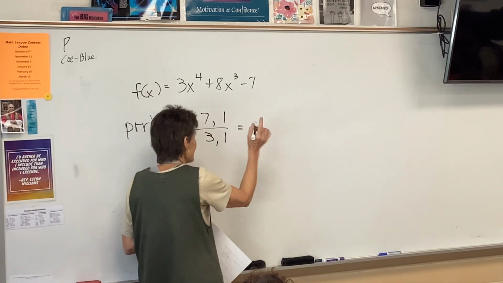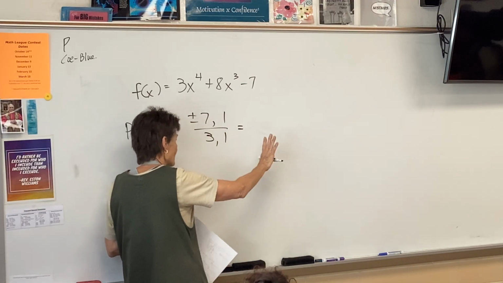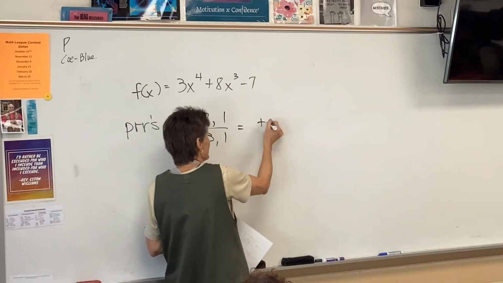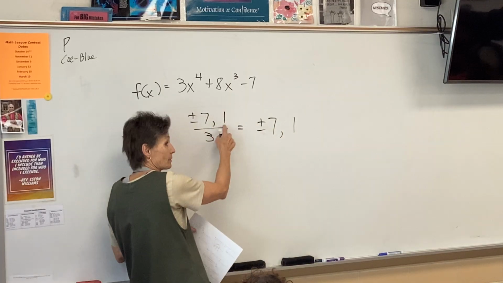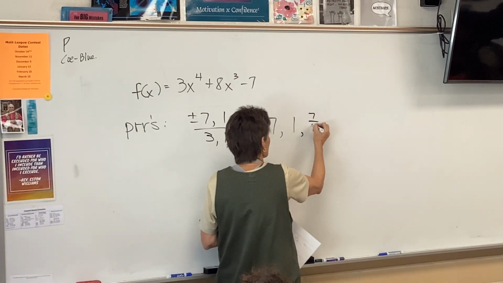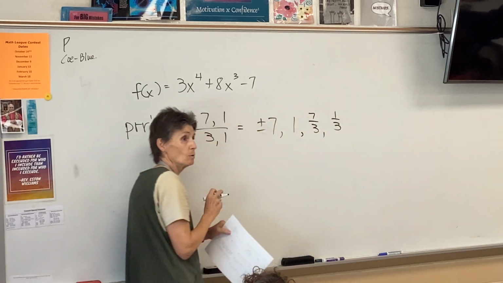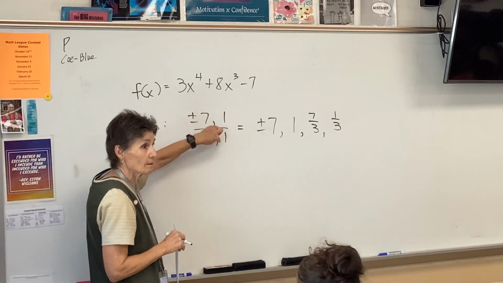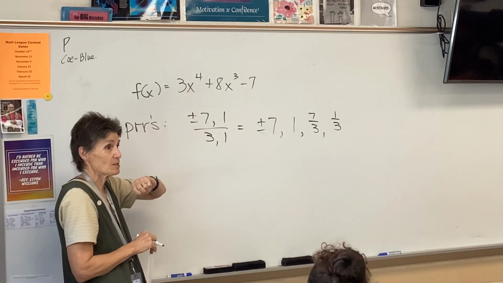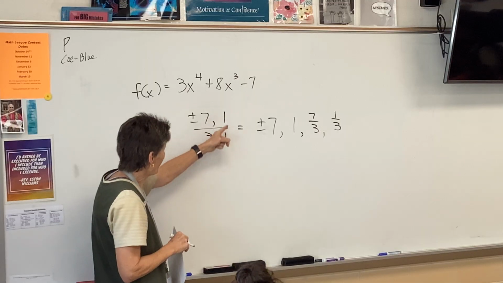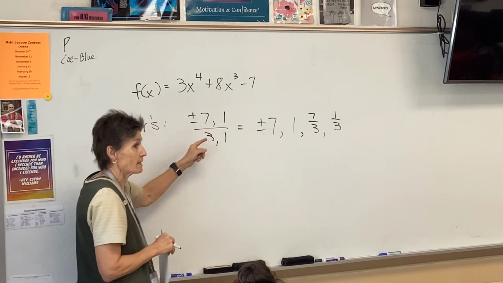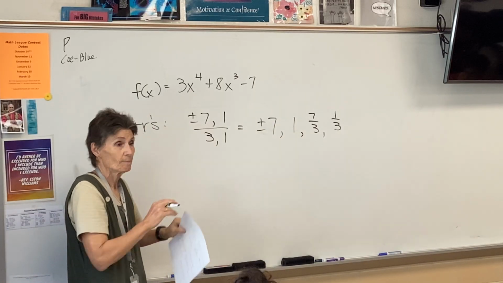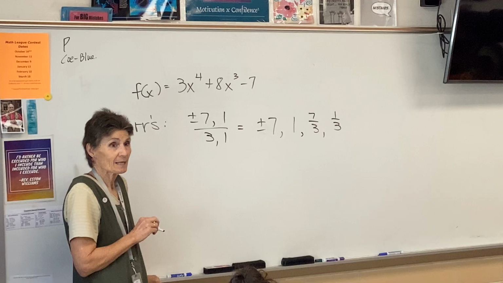The list of individual numbers would be plus or minus 7 and 1, but also 7/3 and 1/3, because it's all of these over all of these, all the possible combinations. So 7/1, 1/1, 7/3, 1/3. So those 8 numbers are your possible rational roots. Okay, you all right with that?